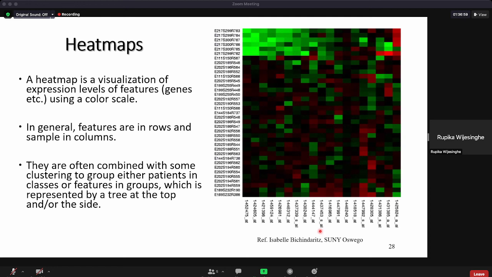You can say this subset of patients, here we can see a common behavior in these genes in these patients. We can say this subset of patients have a particular subtype of this disease.